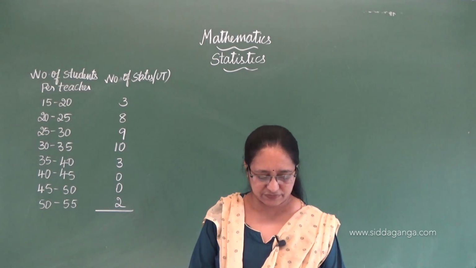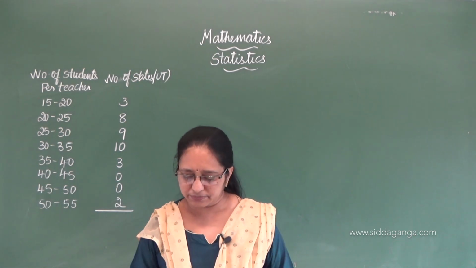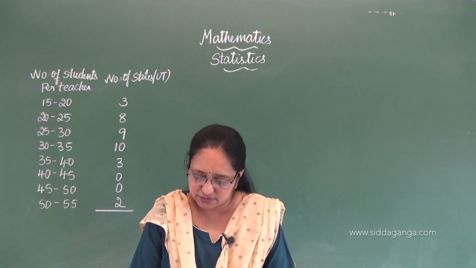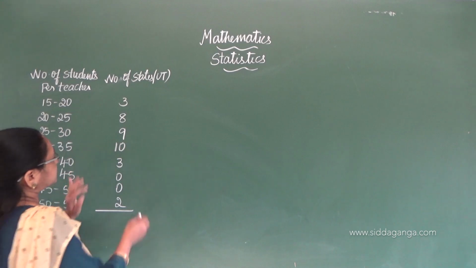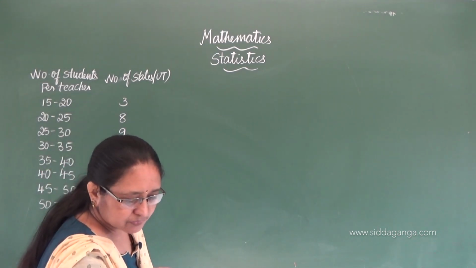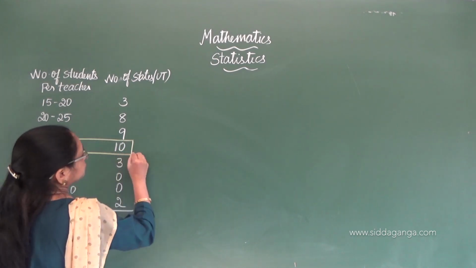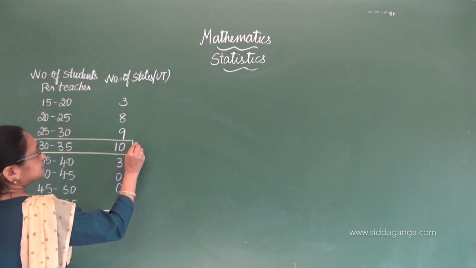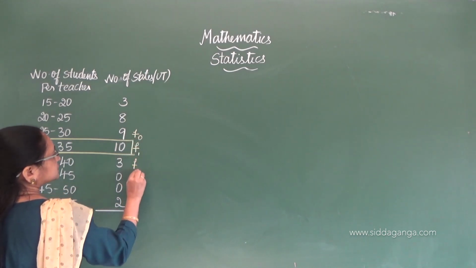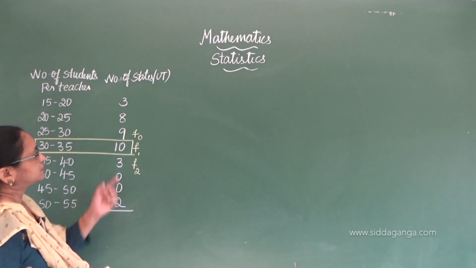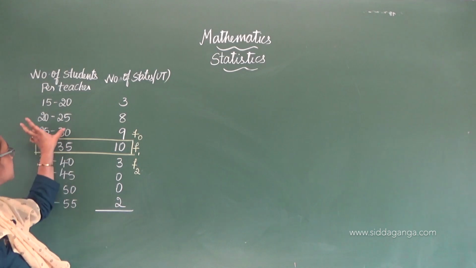Now first let us find out the mode. Mode means you all know the maximum frequency. So which class has the maximum frequency? 10 is the maximum frequency. So the modal class is 30 to 35, correct? Let us write F1 for this, F0 and F2.